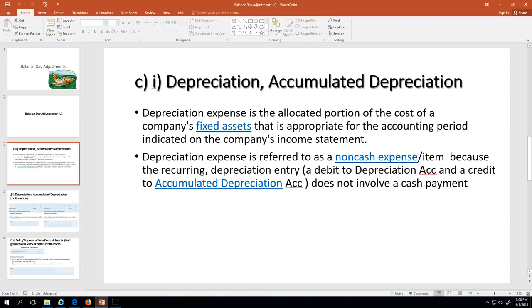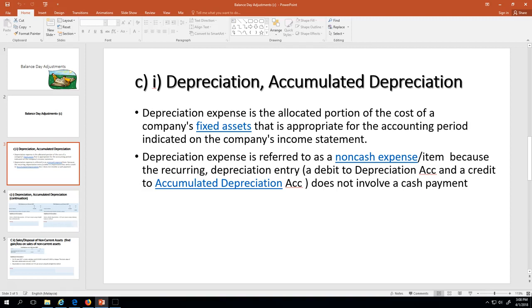Accumulated depreciation account is actually a minus non-current asset account. Why is it called a minus? Accumulated depreciation means all the depreciation, or all the loss of value of the non-current asset throughout the years, added up together.